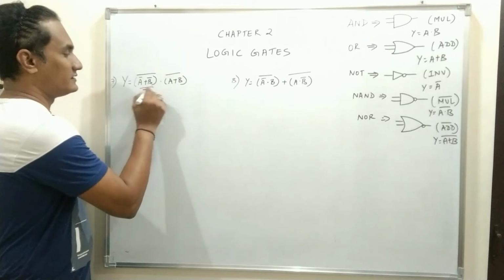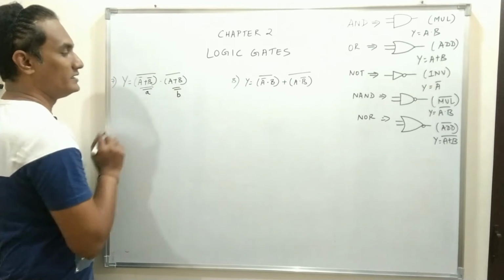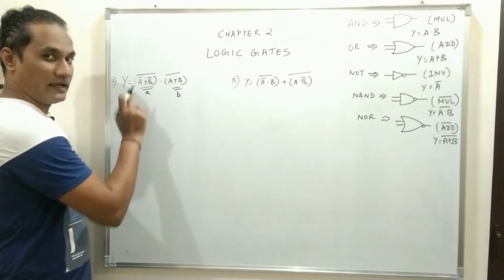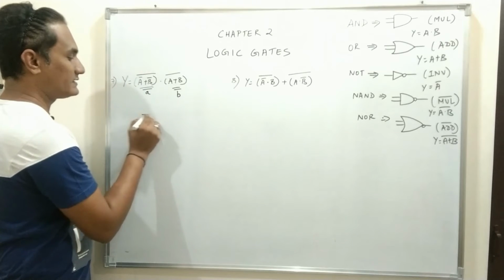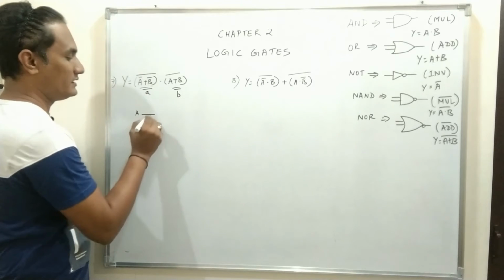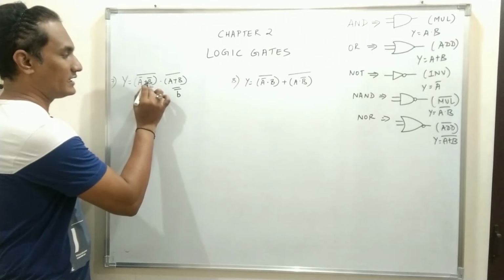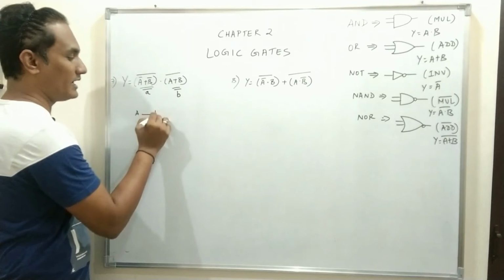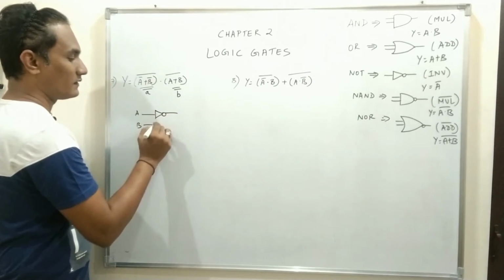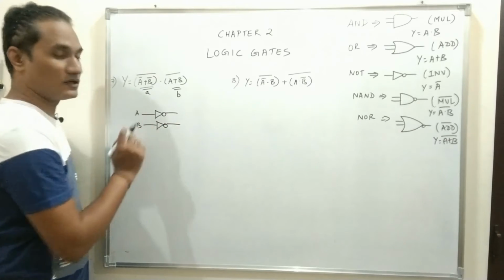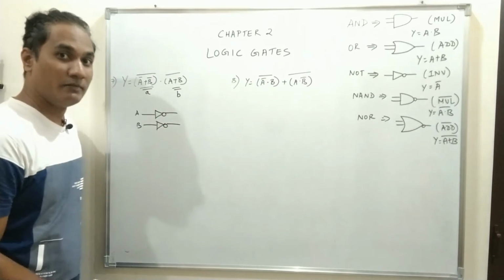So let's say this is a and this is b. First you solve a. How to solve a? It is a, b, and how are these a and b connected? A and b are individually barred, so you have to use the complement, that means a NOT gate, to get the complement of that variable.